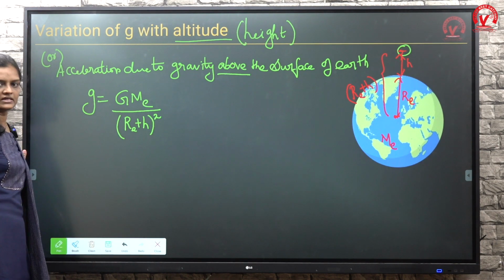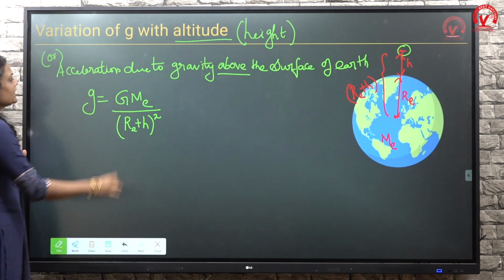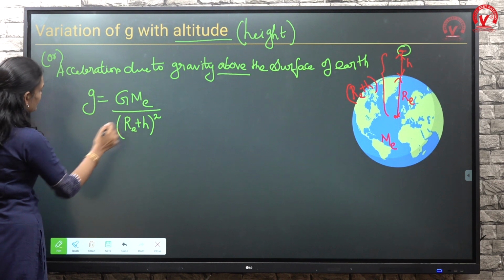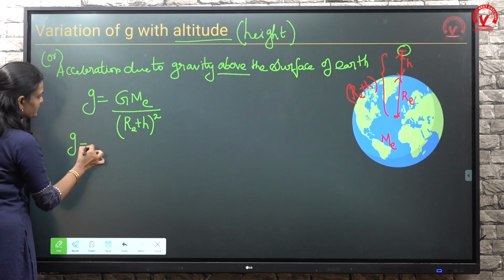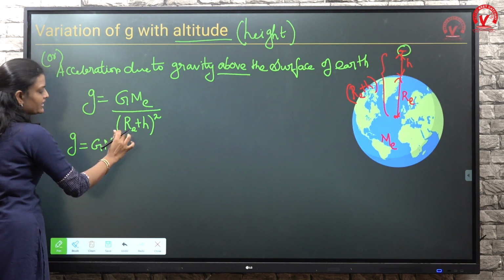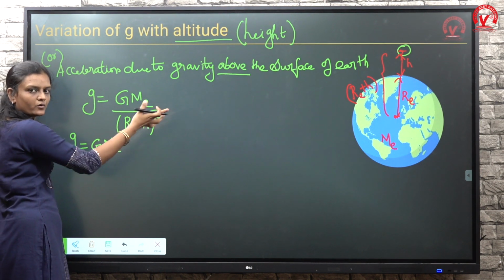Now calculate g. Now g is equal to G Me divided by, this is of the form A plus B the whole square.